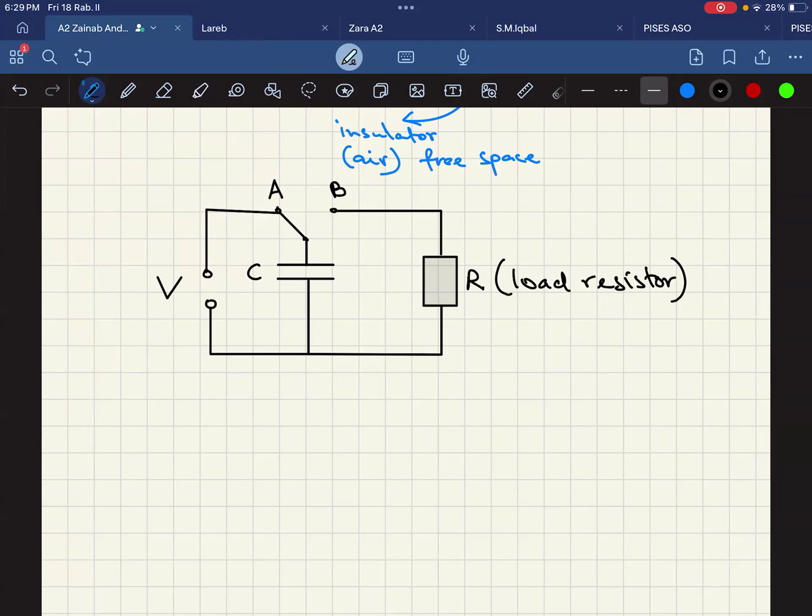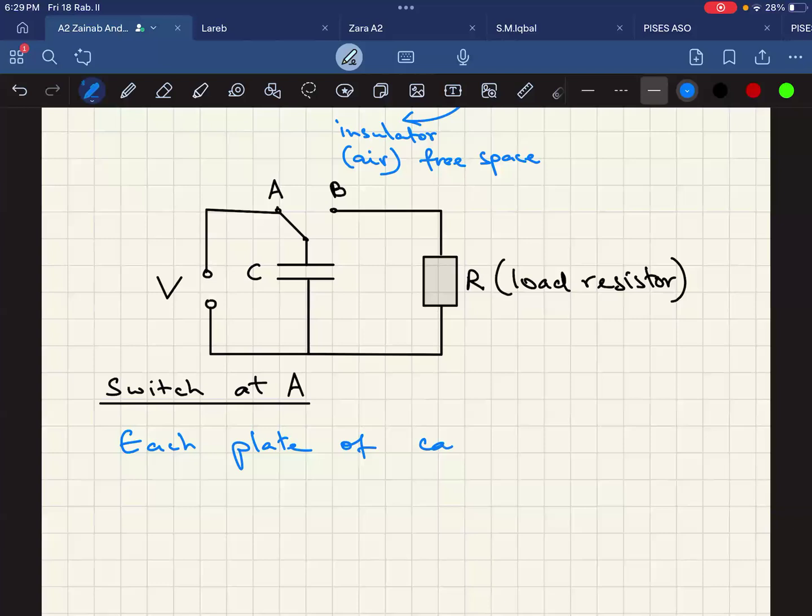Remember, when the switch is at A, in this situation we say that each plate of the capacitor is charging. How do they charge?